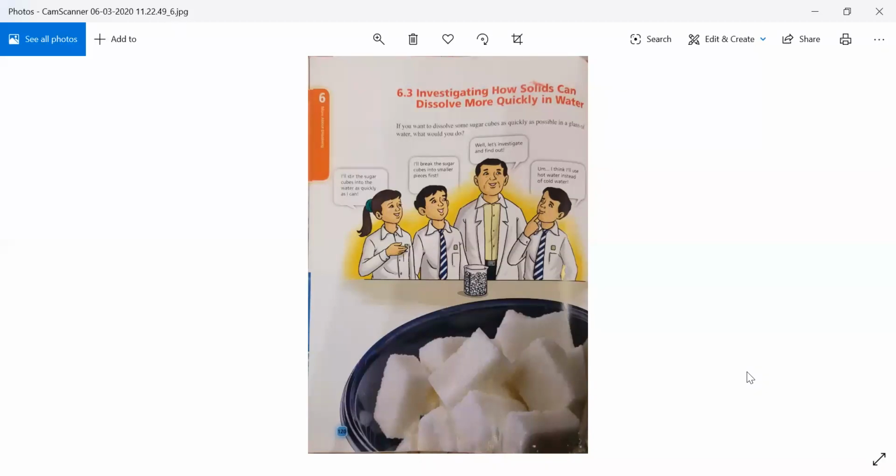Their teacher is saying, well, let's investigate and find out whether you are correct or not. Another boy is saying, I think I'll use hot water instead of cold water. So their teacher is saying, let's investigate.